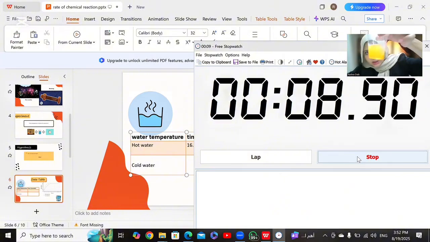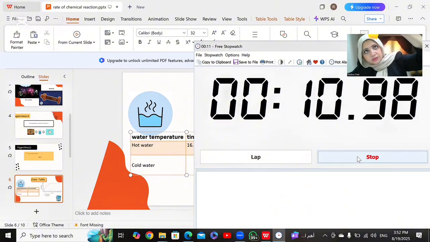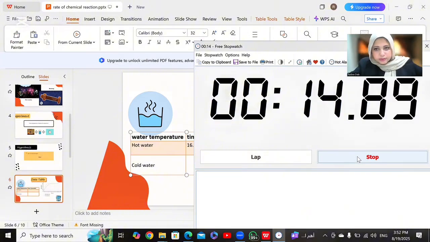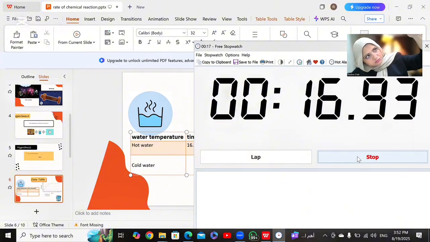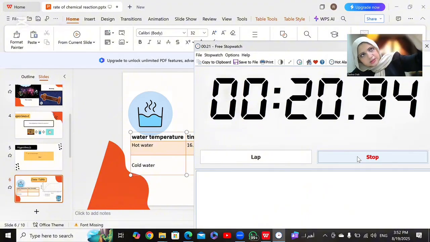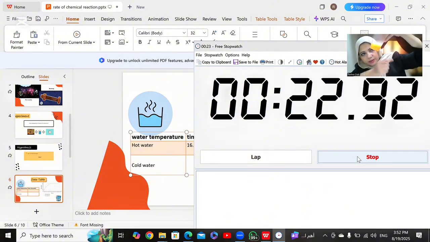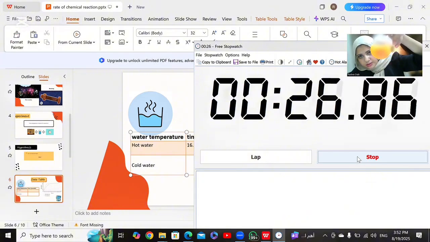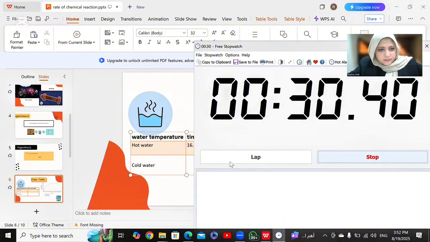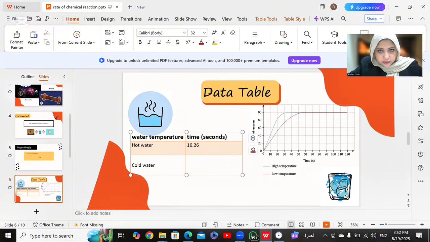So let's leave it aside until the whole tablet dissolves in water. Now it's 19 seconds and there is still tablet here. It's not completely dissolved, as you can see. So let's wait until it's completely dissolved.